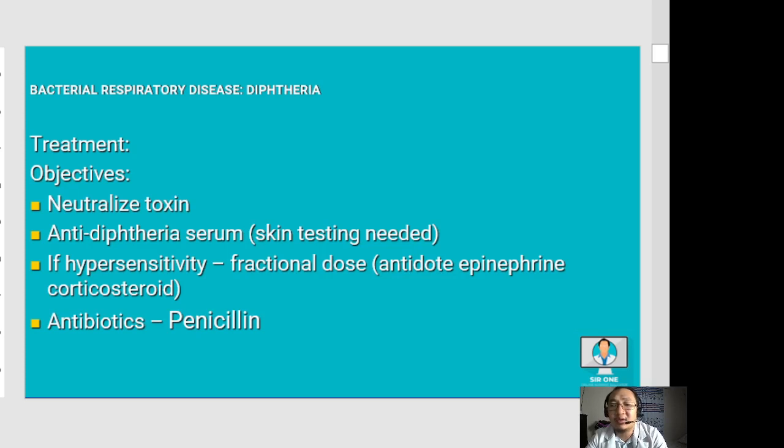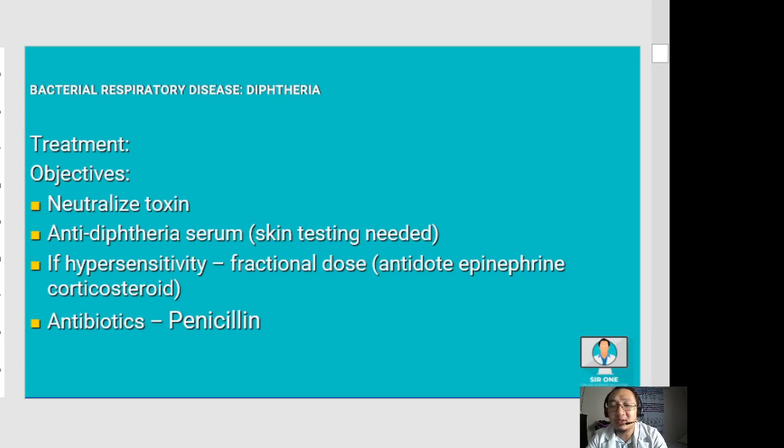If the patient is hypersensitive, you can administer the antidote epinephrine, as you all know. The drug of choice, as we commonly refer to it, is an antibiotic, penicillin, which kills the microorganism. If the patient cannot take penicillin, the prescriber may opt to choose erythromycin.